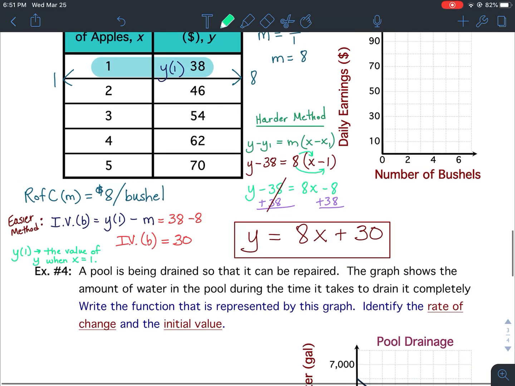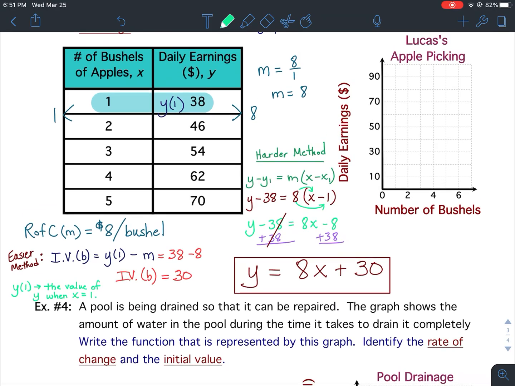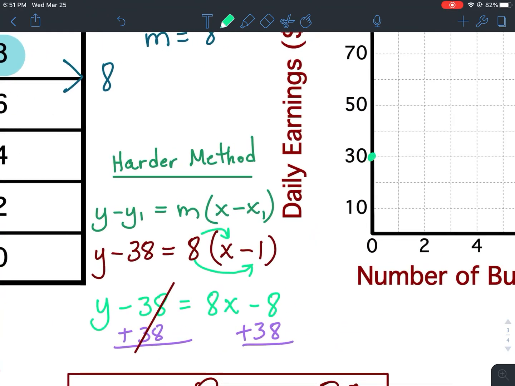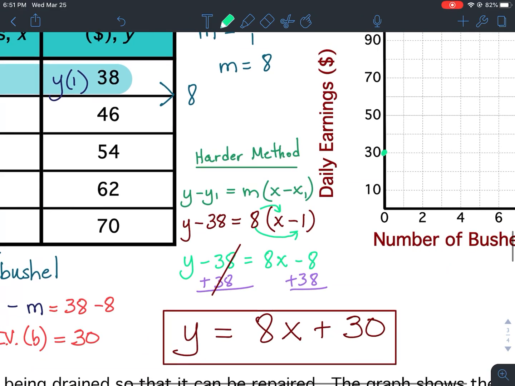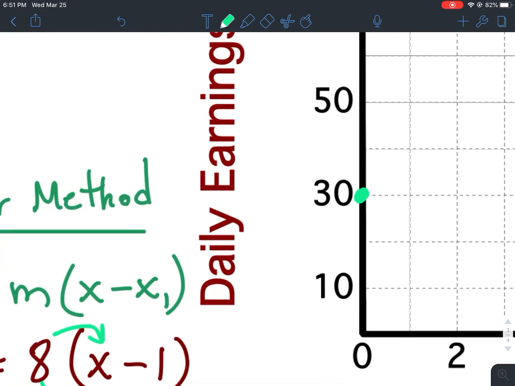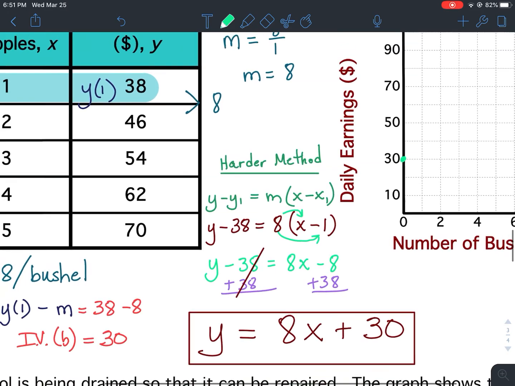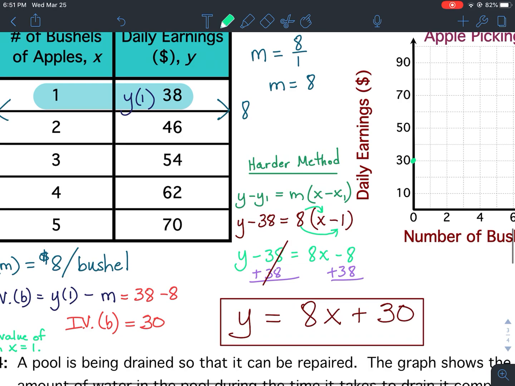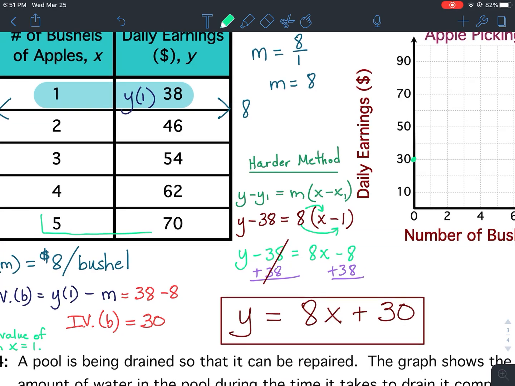All right, so now we've got our equation. Let's go ahead and graph. Well, my initial value, my y-intercept, is 30. So I'm going to go to here and put a point. My slope is 8. Well, these lines are not going up by 8. However, they are going by 10s. And if you look at your chart, this right here is a multiple of 10.